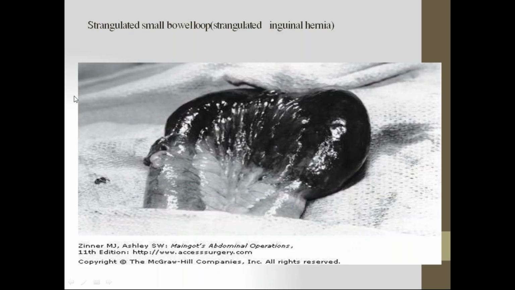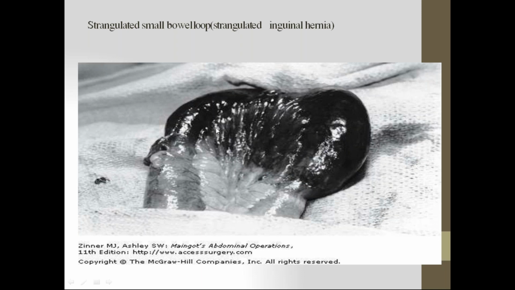So this is the strangulated inguinal hernia. This picture clearly shows most commonly the obstruction in case of inguinal hernia lies at the superficial inguinal ring. Because of this obstruction and external pressure, there will be a radial cutoff of blood supply, and if the patient is unattended in the early stages and the obstruction not relieved, it gradually progresses to strangulation.